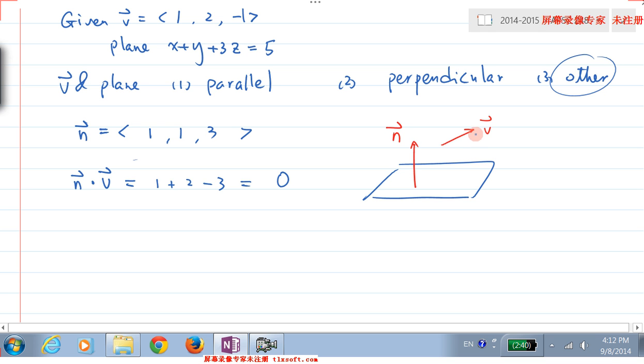So n is perpendicular to v, and then consequently v is parallel to the plane. Okay? That makes sense?